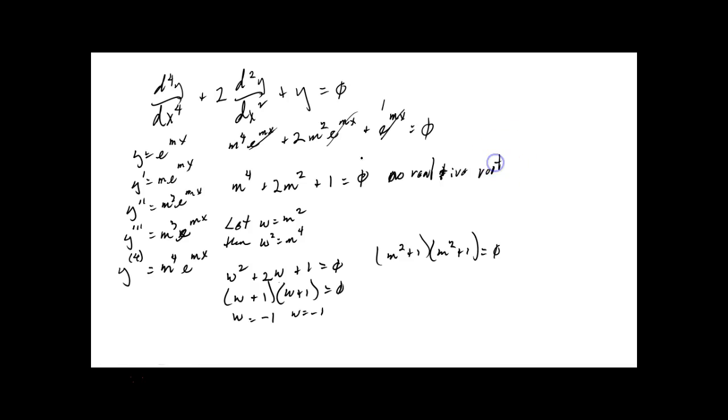And if you put a minus sign in here, that gives you minus m to the fourth is m to the fourth, plus 2 times minus m squared is m squared, plus 1 is equal to 0. You have no negative real roots.